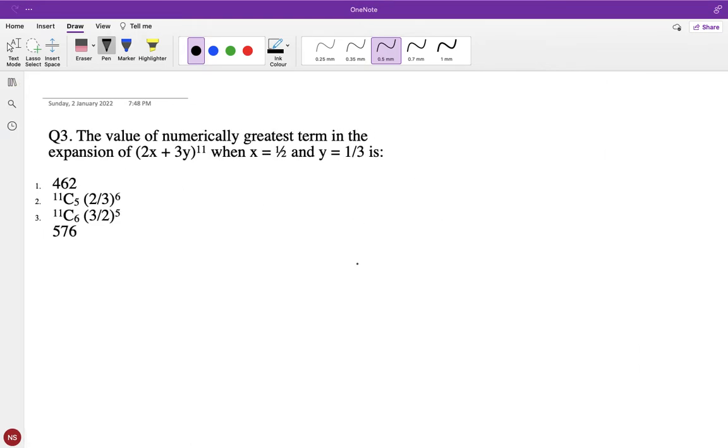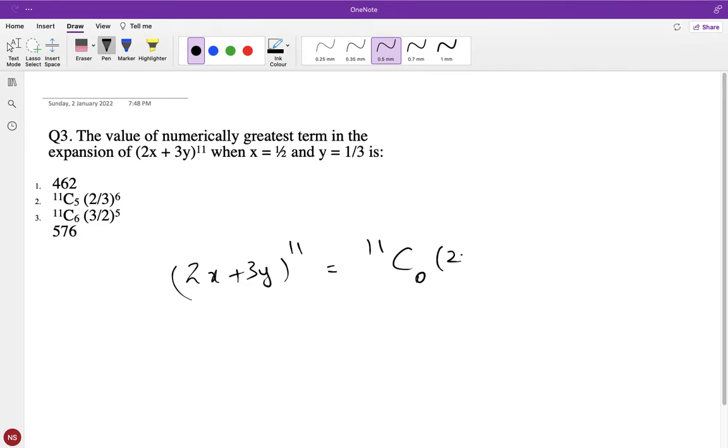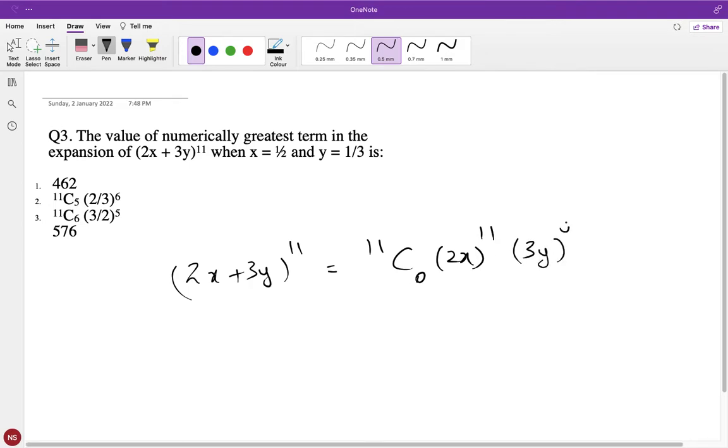The value of the numerically greatest term in the expansion of this when x equals half and y is 1 by 3. So we know that we can expand it like 11c0 (2x)^11 (3y)^0 plus 11c1 (2x)^10 (3y)^1, right?